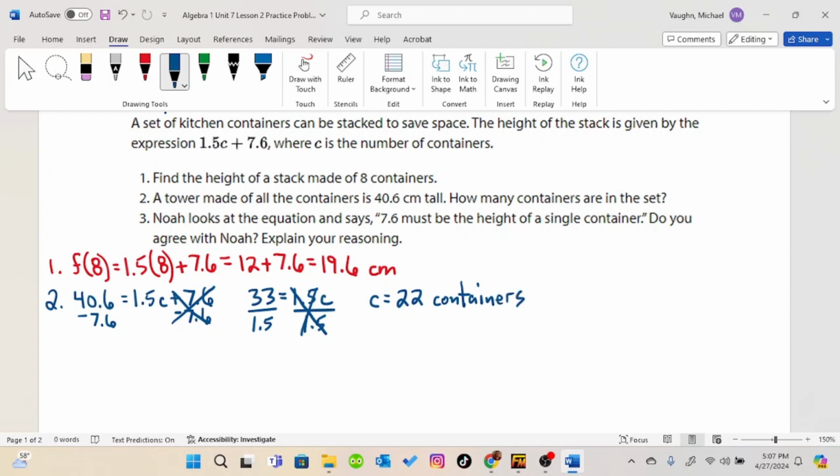Number 3. Noah looks at the equation and says 7.6 must be the height of a single container. Do you agree with Noah? Explain your reasoning.